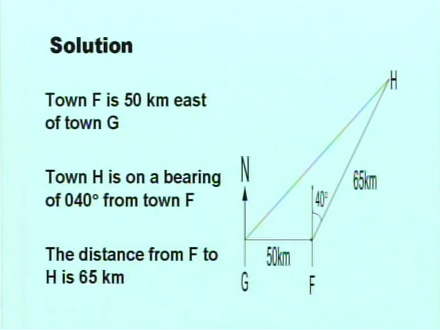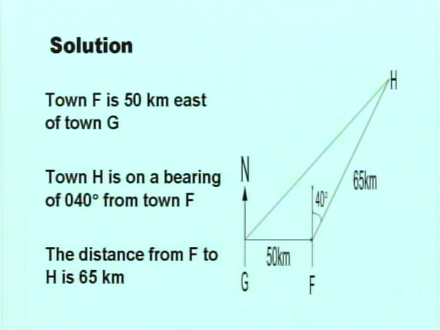Here is the solution. Look carefully at the drawing. At G, you have the north point showing there. F is to the right of G, and the distance recorded there is 50 km. At F, you see the north line again indicated there, and you see the measure of 40 degrees.